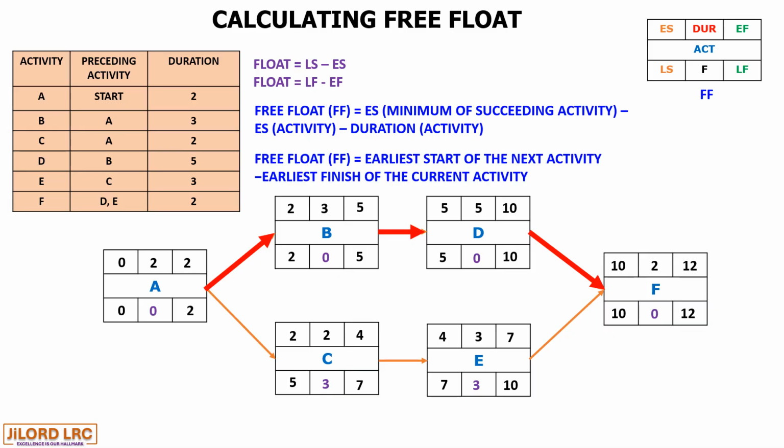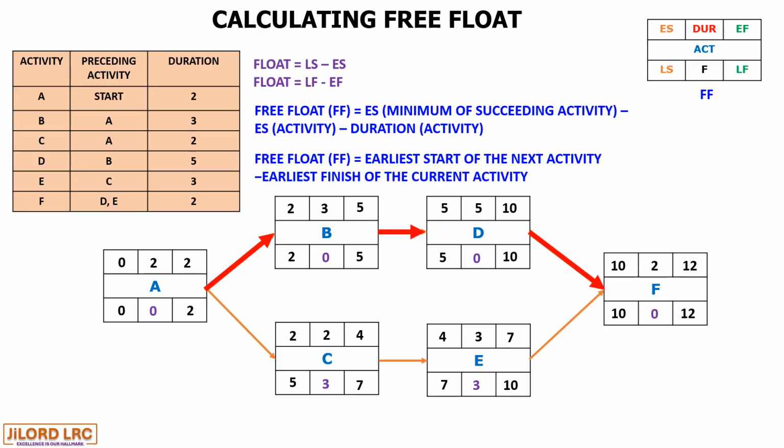Then the free float again can be calculated as the earliest start of the next activity minus the earliest finish of the current activity. So in this case, if we are trying to find a free float for A, the earliest start of the next activity is either 2 for B or 2 for C, and that would have the early finish of the current activity being 2, so that should give us 0.